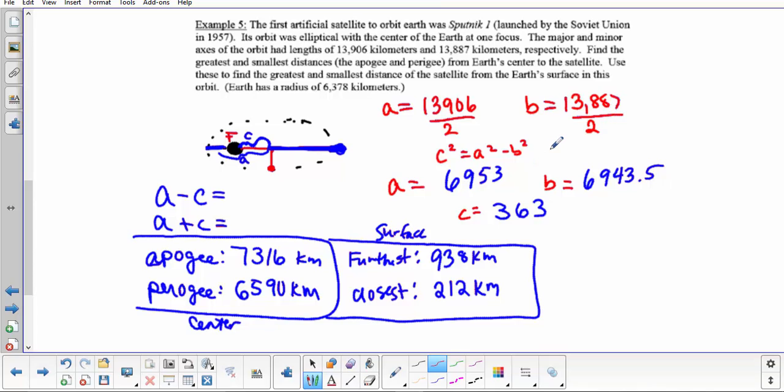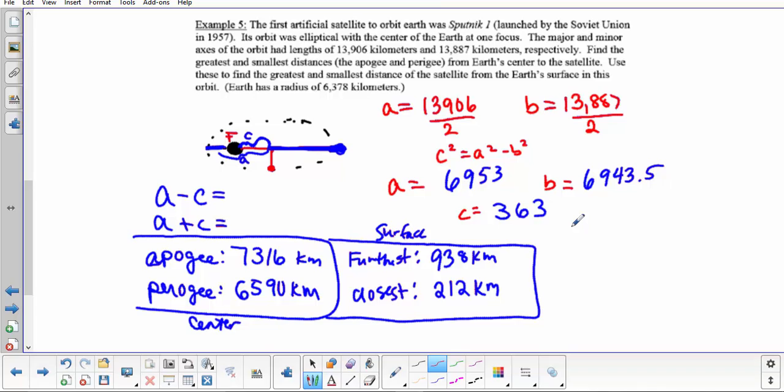When we do that division, we get A is 6,953, B is 6,943.5. And the reason we need that is because we need to find c squared equals a squared minus b squared, because that's going to give us the distance from the center to the focus, which is the distance from Earth. So we kind of need that. Using c squared equals a squared minus b squared, we solved and found that c was 363.